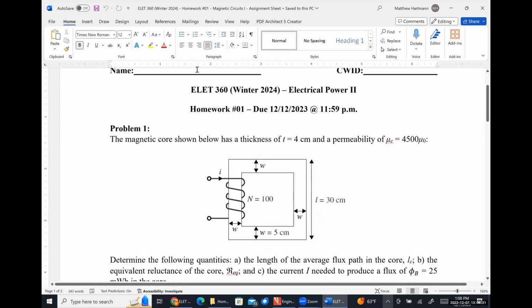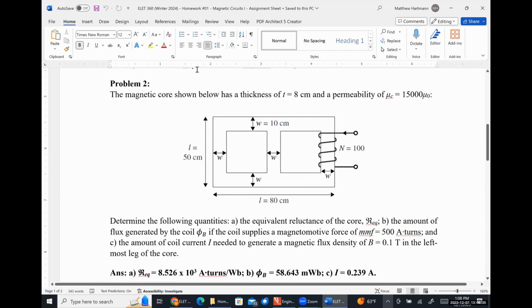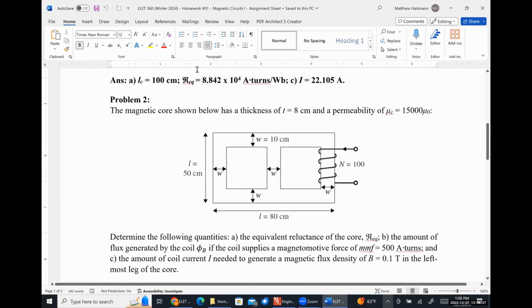All right, so you're saying number 2. Oh, for number 2, yeah. All right, so got all this defined. The right leg, the middle leg, and the left leg should all be the same thing. So that is L1.